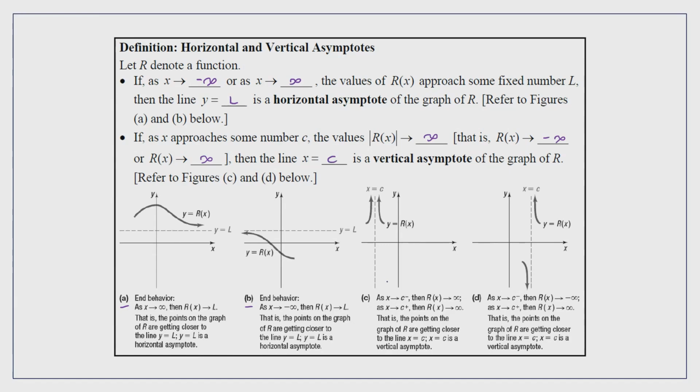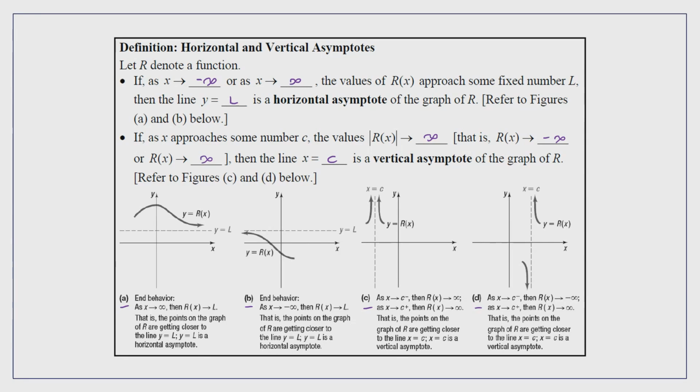For this, we're going to refer to the images in C and D. We say absolute value of r of x because r of x could be negative or positive. So as r of x is approaching negative infinity or infinity, the line x equals c is our vertical asymptote.